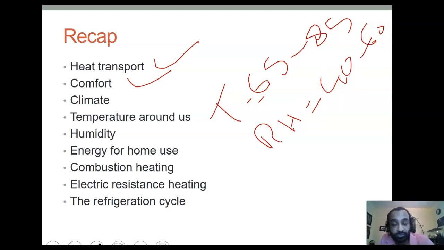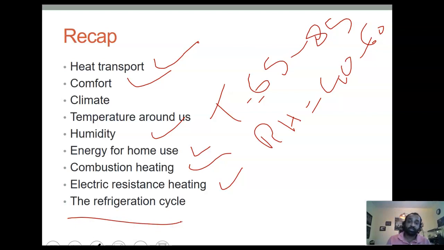We talked about what kind of energy use for home, combustion heating, and electrical resistance heating, also to heat a house, and finally the refrigeration cycle.